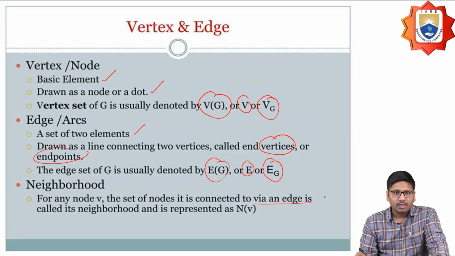We call this a neighbor vertex or neighbor node, and it is represented as N of v.